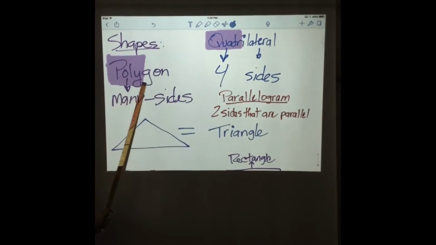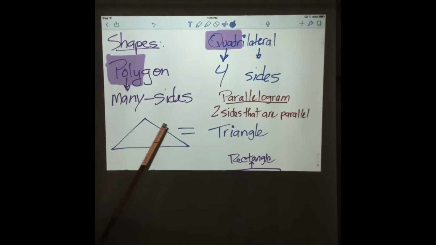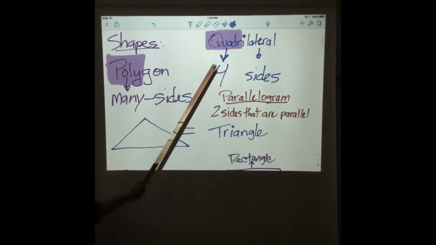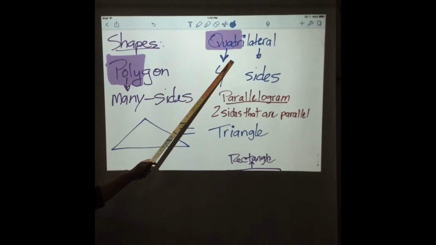Now, polygon. Poly means many, and many-sided, you can think of it that way. And so we're going to talk about which ones are polygons, which ones are many-sided. Then we have quadrilaterals.